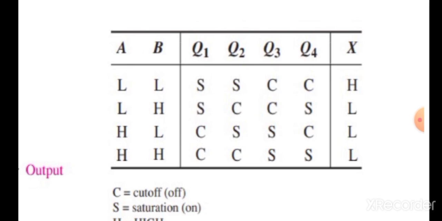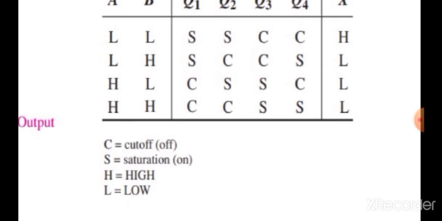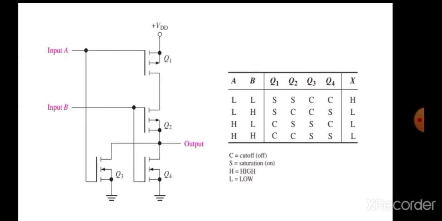Then the output is high. When one is low and the other high, Q1 and Q4 will be on, but Q2 and Q3 will be off. When it is high and low, Q1 and Q4 are off, Q2 and Q3 will be on. When both are high, Q1 and Q2 will be off, Q3 and Q4 will be on. So both will result in 0 output.